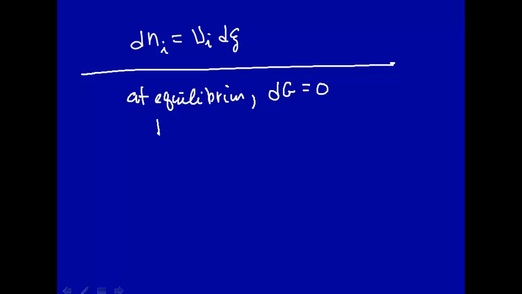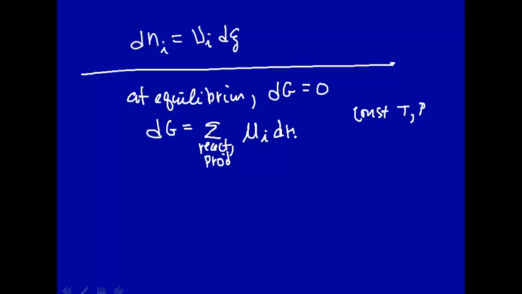We also said in the previous lecture that dG at constant temperature and pressure will be the sum over all reactants and products of the chemical potential of that particular reactant or product times how the number of moles of that reactant or product changes.